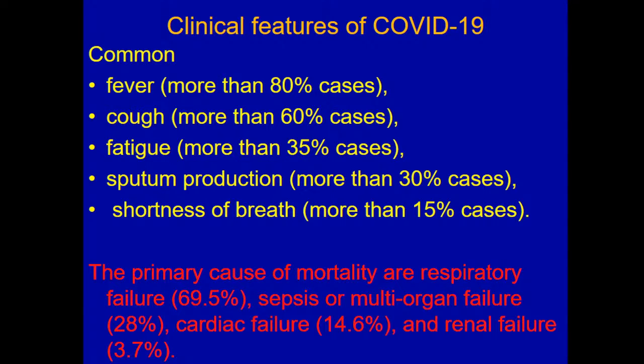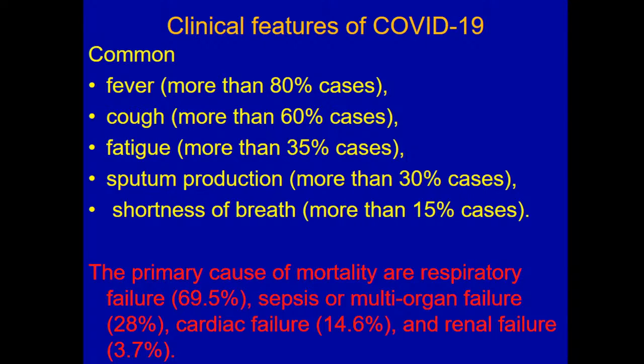So then, the primary cause of mortality is respiratory failure. So we take a look at the causes of death, why people die as a result of SARS coronavirus infection. Around 70% is respiratory failure.